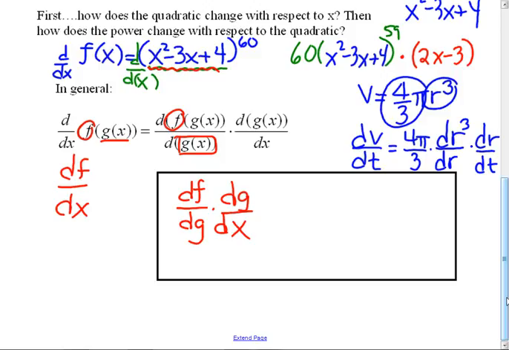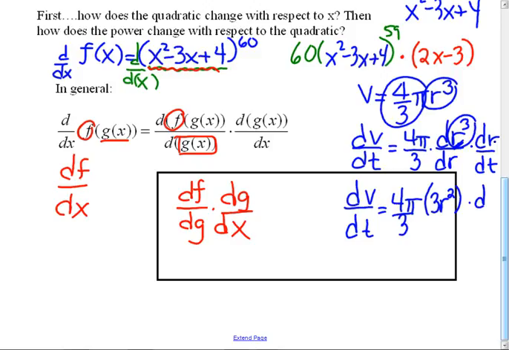And so when you do this derivative, you're going to get the change in the volume and the change in time. This is just intro. Don't worry about mastery on this piece. What's the derivative of r cubed? That's 3r squared. That's the derivative with respect to that outer function, times the derivative of the inside function with respect to time. But we'll be doing a lot of this.